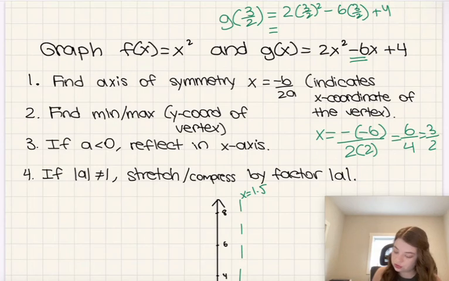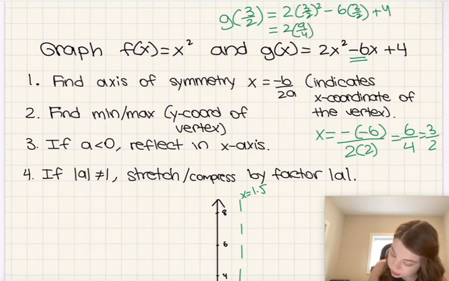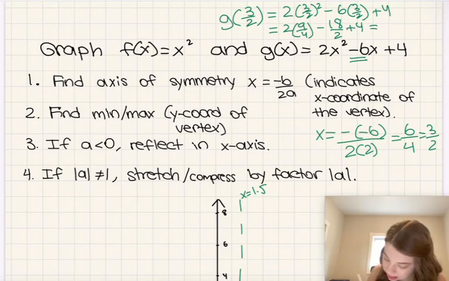Well, 3 over 2 squared is going to be 9 over 4. So 2 times 9 over 4, and then minus 18 over 2 plus 4.